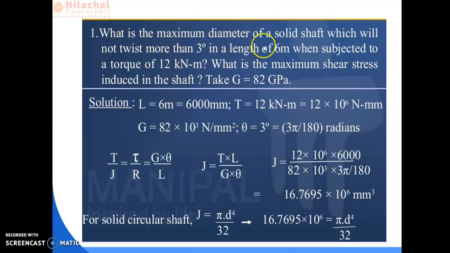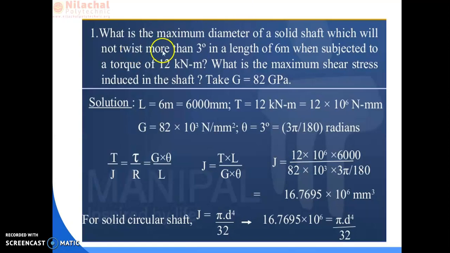What is the maximum diameter of the solid shaft which will not twist more than 3 degrees in a length of 6 meters when subjected to a torque of 12 kN meter? What is the maximum shear stress induced in the shaft? Take G is equal to 82 gigapascal.